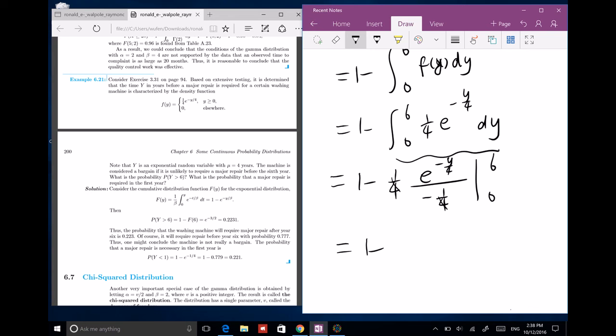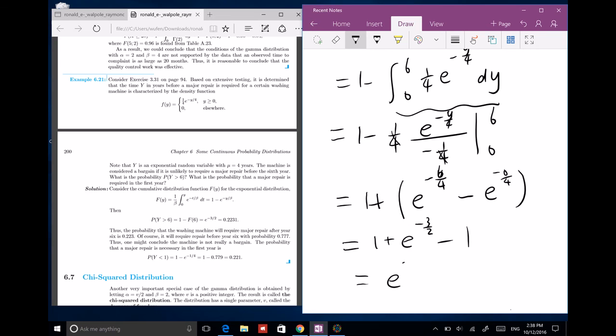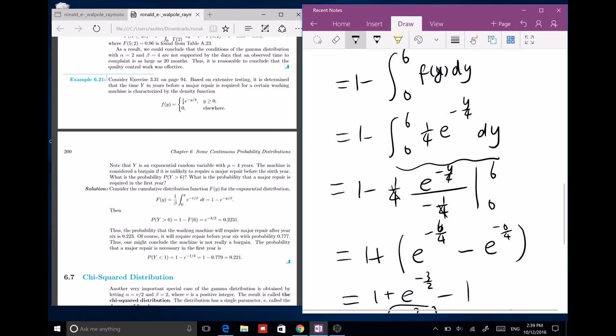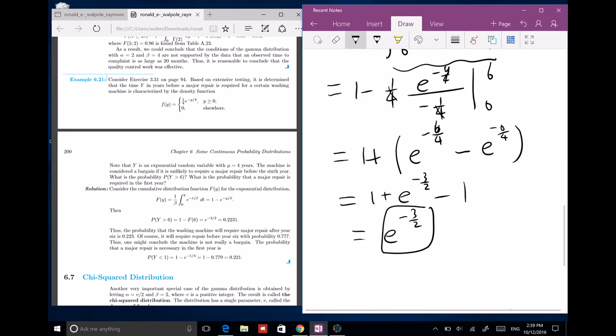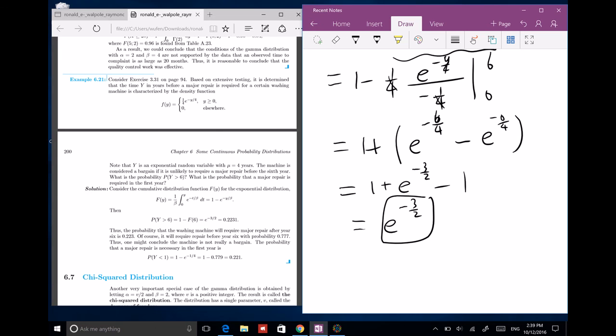So it's 1 plus e to the negative 6 over 4, minus plugging 0 in, which is e to the 0. So the answer is 1 plus e to the negative 3 over 2 minus 1, which is e to the negative 3 over 2. We got exactly the same answer. You do not have to use F(y); just directly use the definition. You still get e to the negative 3 halves. It's the same idea.